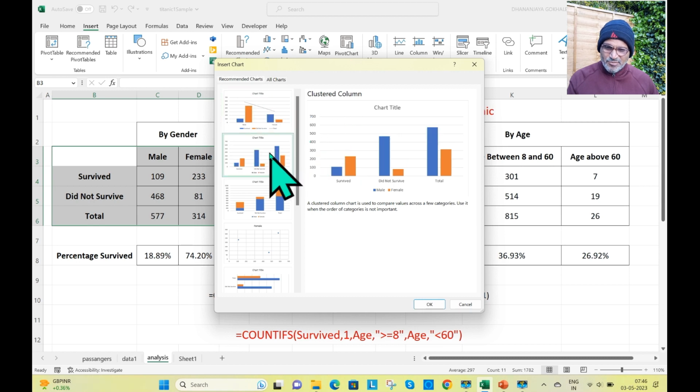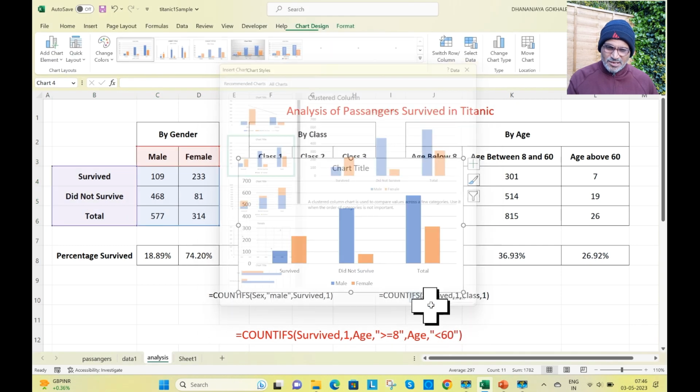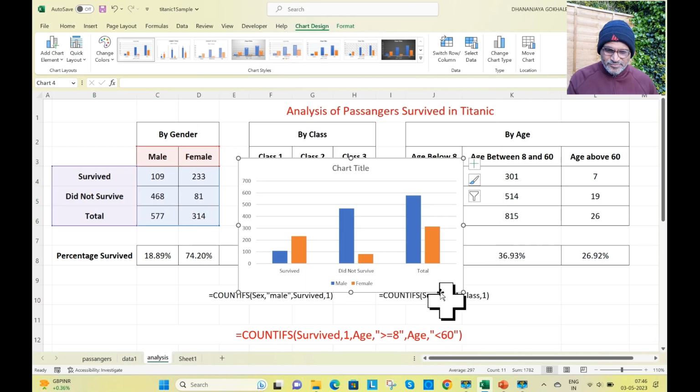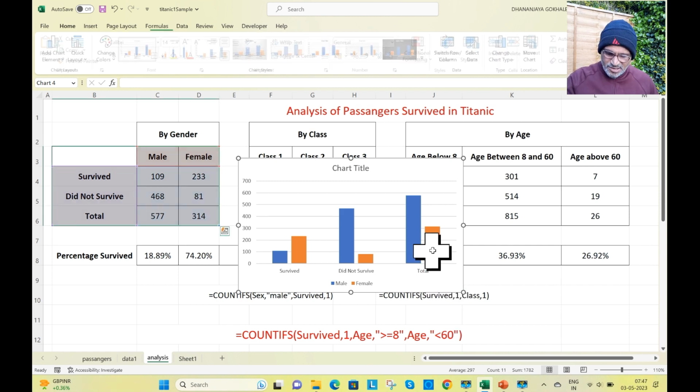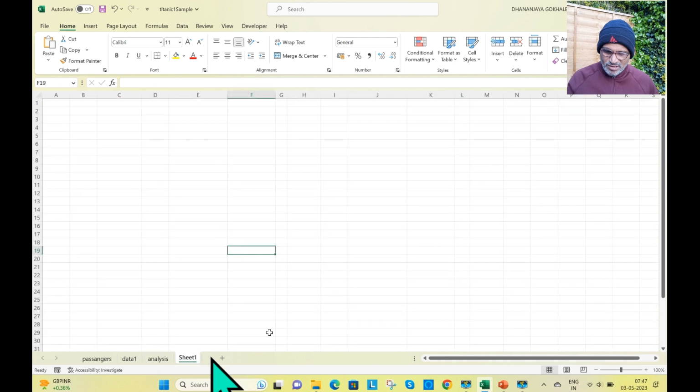I don't like it, so I'm going to take this and just click here. So let me just cut it and move it to a new sheet and paste it here.